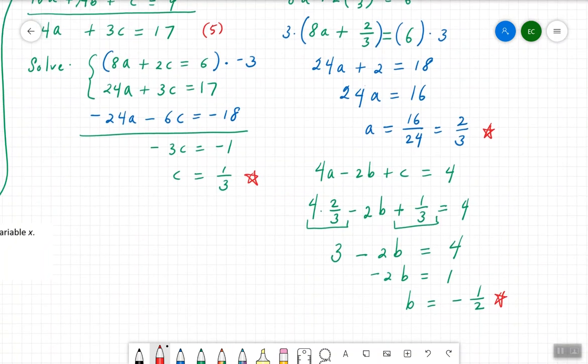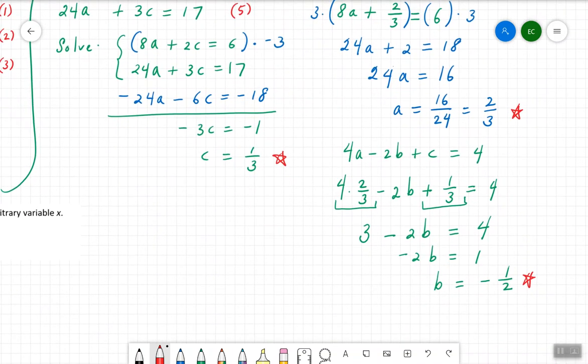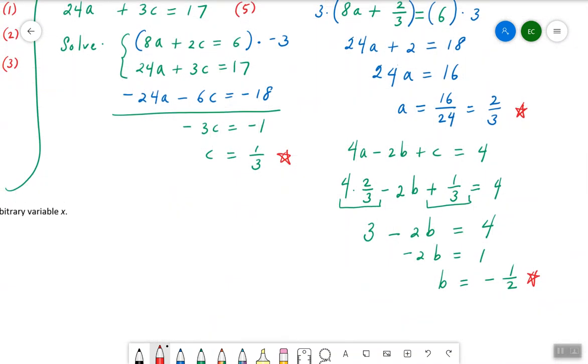Great. And then there's just one more step, and that's to go ahead and write the final answer. So if you recall, when we're writing the formula for a parabola, we want y equals ax squared plus bx plus c.